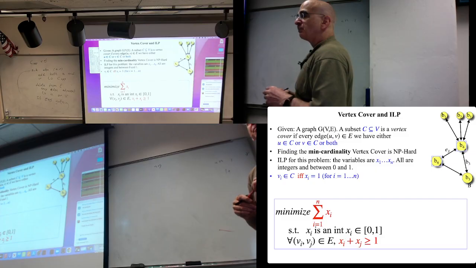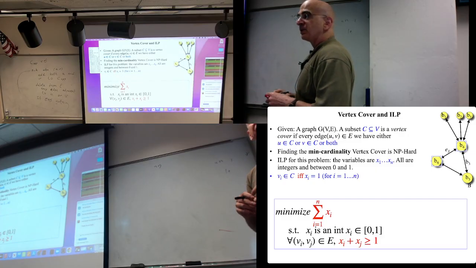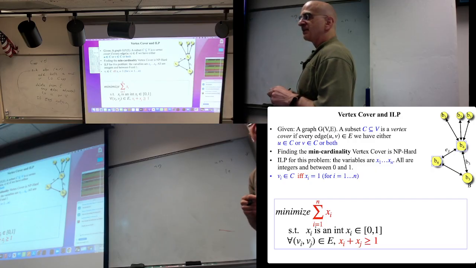Now we need to prove why it's a factor 2 approximation. Anybody sees it? Why is this a factor 2 approximation?